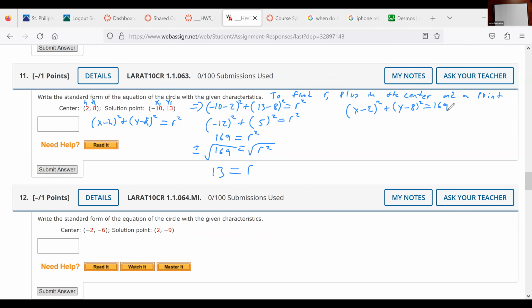You have to do it this way when you only have a solution point. So 12 would be the same thing. Let's do it the same way.